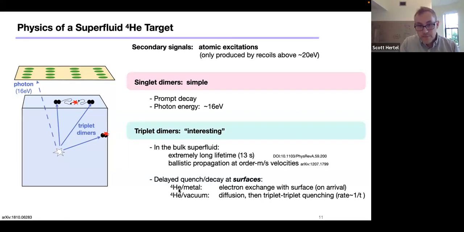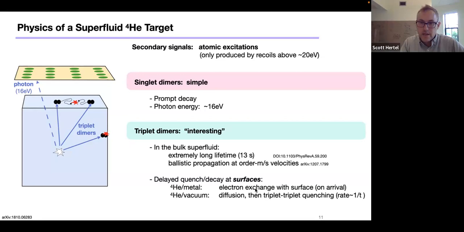At the helium-4 to metal interfaces, like along the walls of your bucket, they exchange their excited electron with the surface. That surface finds a way for that electron to fall in energy. At the vacuum interface, they're still very long-lived, but we've collapsed the 3D volume onto a 2D volume where the triplets have a higher probability of finding another triplet.